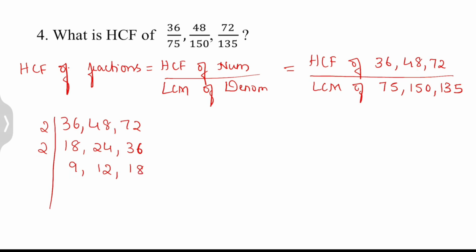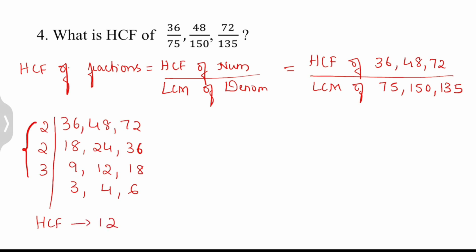Now 2 will not divide all these 3 together, so go by 3. 3 3s are 9, 3 4s are 12 and 3 6s are 18. There is no number which will divide 3, 4 and 6 together. So this is our HCF. 2 into 2 is 4, 4 3s are 12 is our HCF.